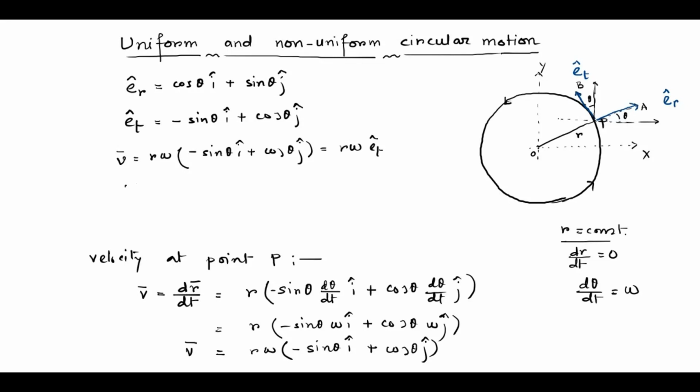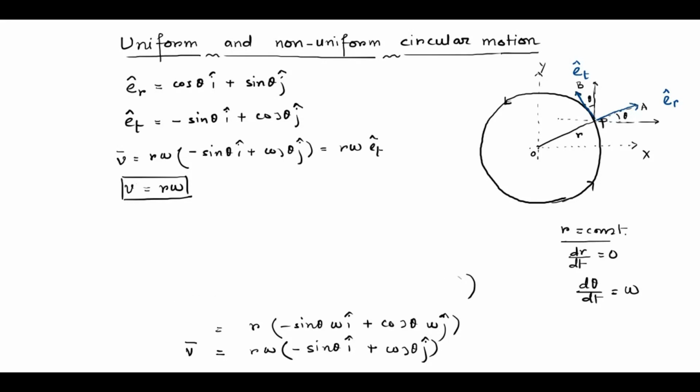So the magnitude of the velocity vector V is R omega, because ET is the unit vector. So V equals R omega.